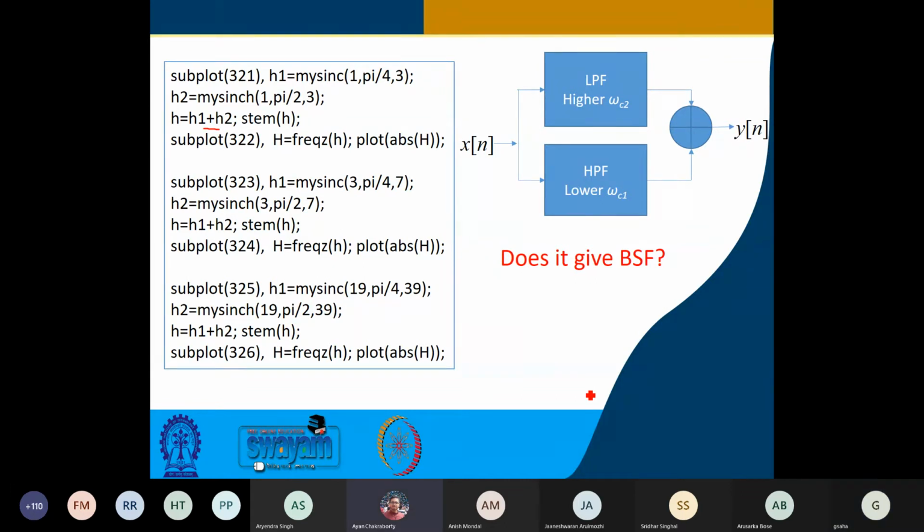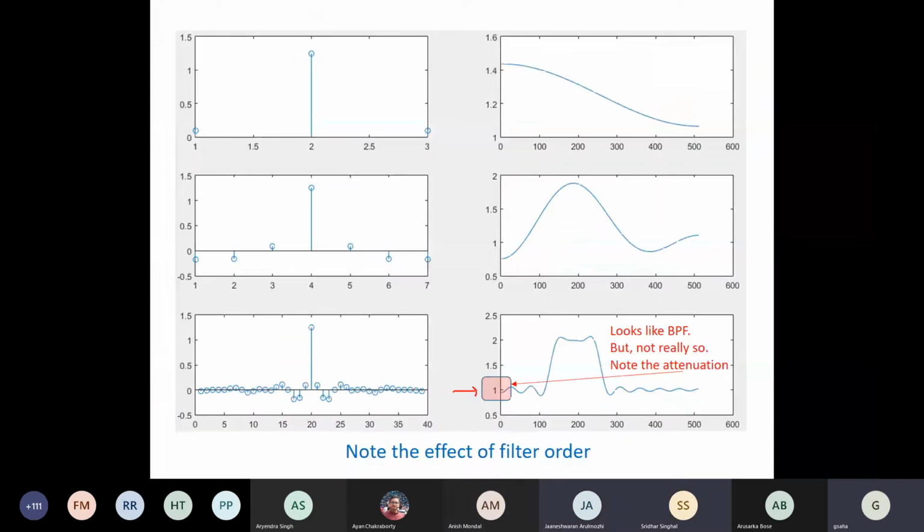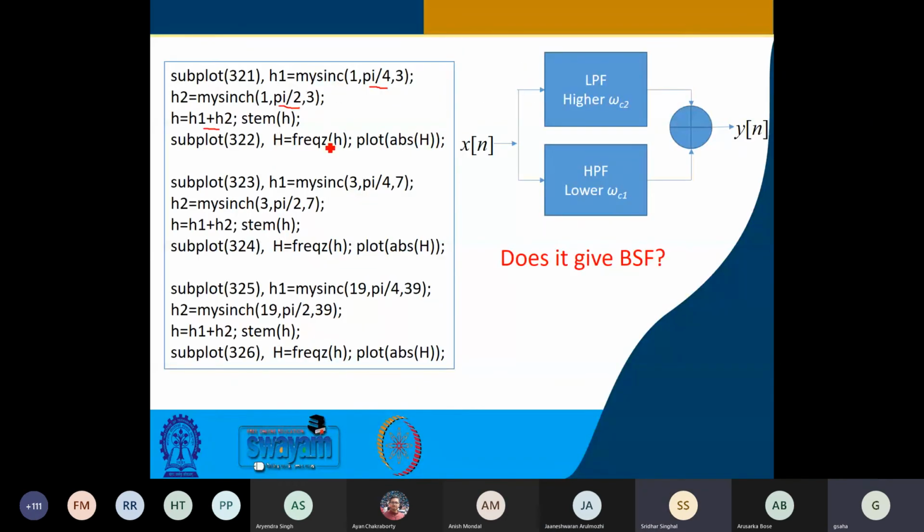This is pi by 4 and this is pi by 2. Did I make a mistake over here? Yes, this one I just copy pasted. So this is actually lower. So this copy pasting is bad. Okay. So this is higher.